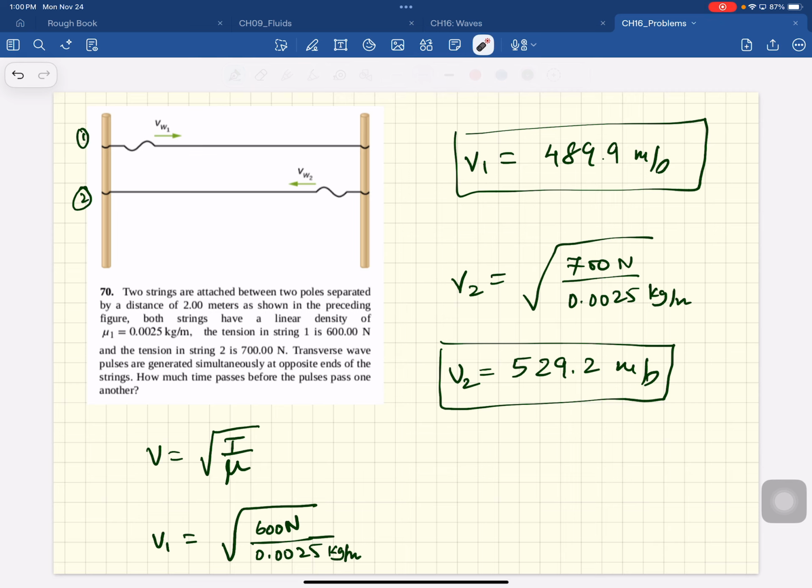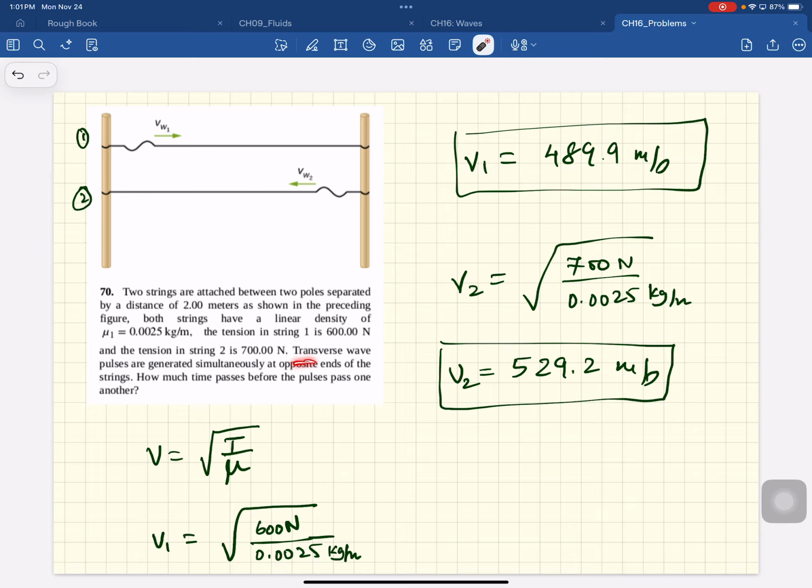So you see, the greater the tension for the same mu, the greater the speed. When you increase the tension from 600 to 700 newtons, the speed went from 490 to 530 meters per second.